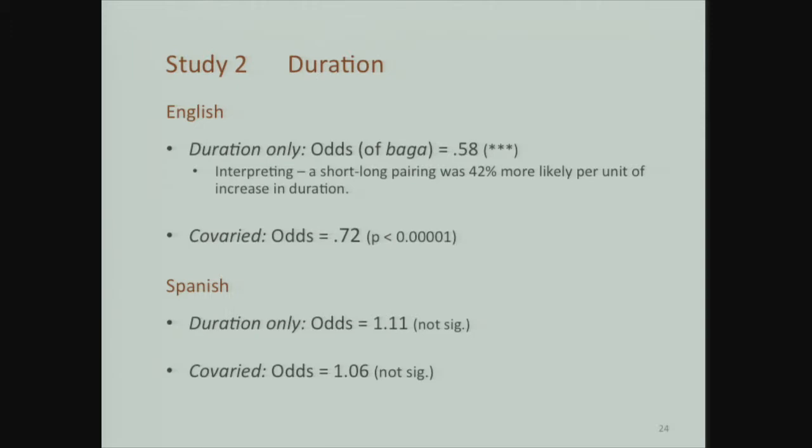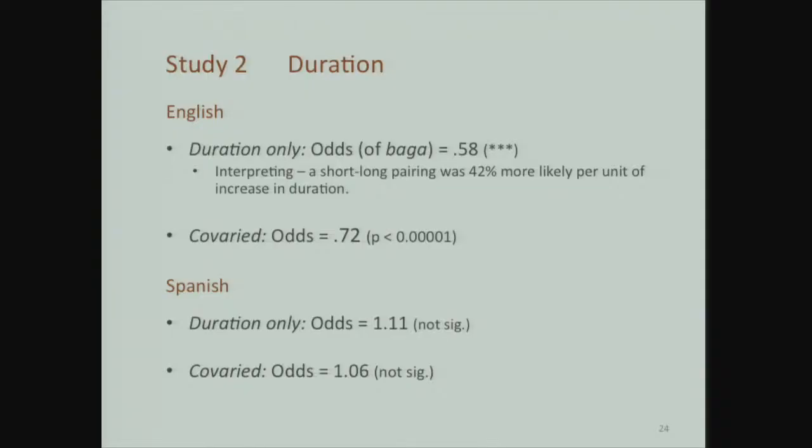And what we find in the covaried sequences is that the effect of intensity on success is lower, it's only about 0.72 for every unit of increase in duration.